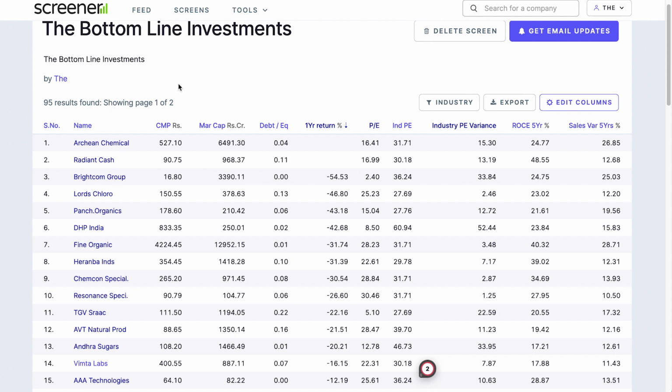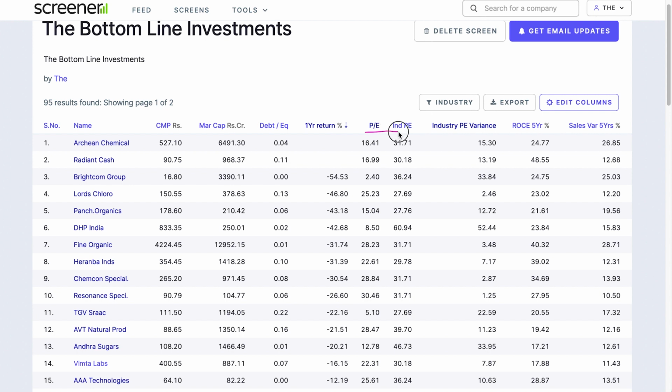And if I look at the aspects that I consider when I look at the list, most important, I look at the debt to equity and the 1 year return on this stock. If this stock has been giving a negative return, that's something that I look at closely, because these are the stocks that I consider come at a cheaper value at this point.